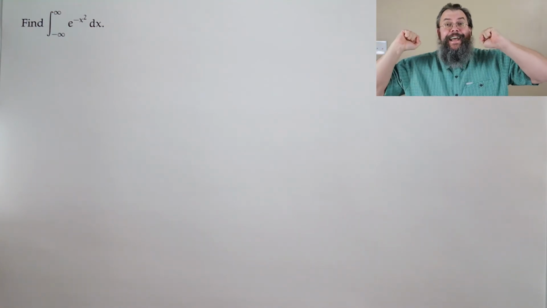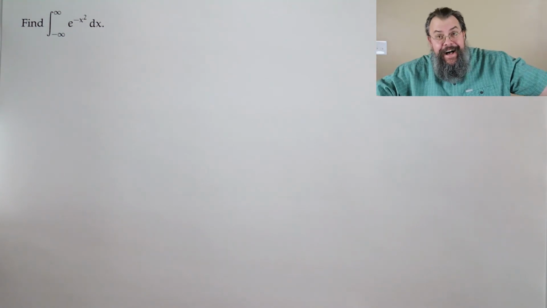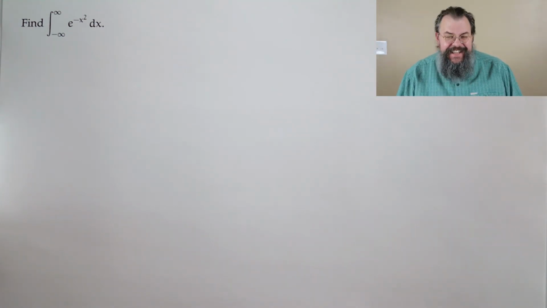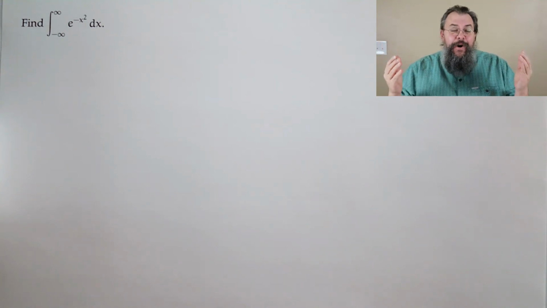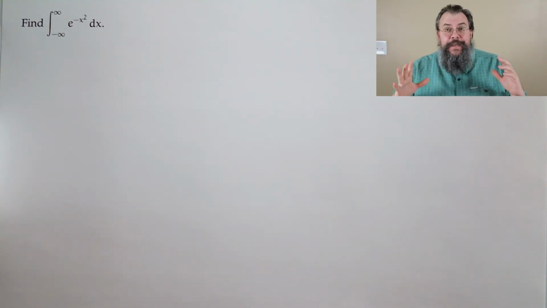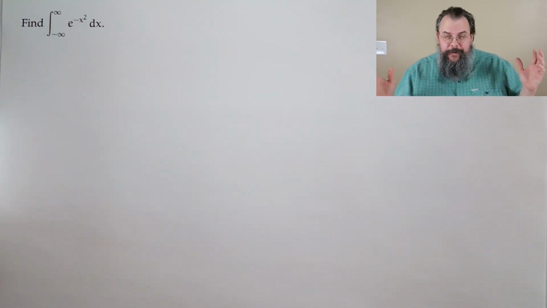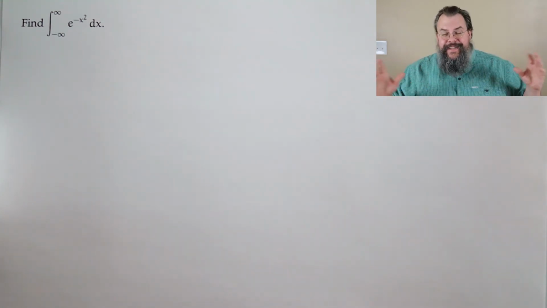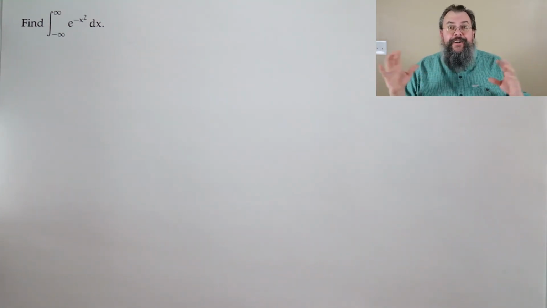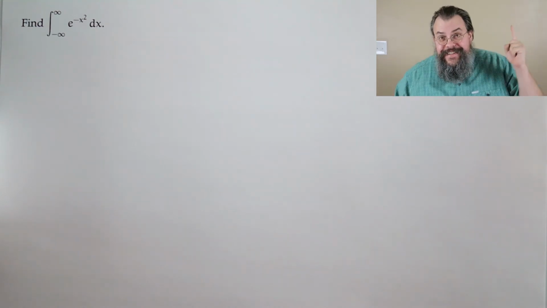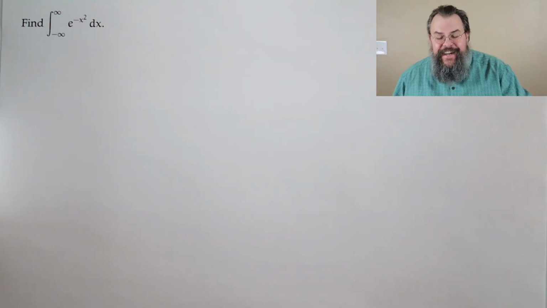And our reaction is like, what? First off, if you've been hanging around calculus for a while, we keep saying you can't integrate this, by which we mean there's no antiderivative of this. And there's not.